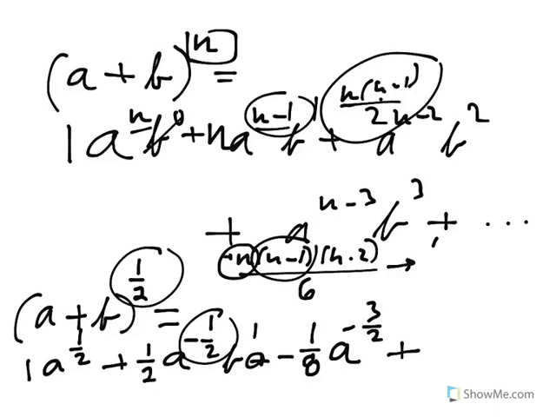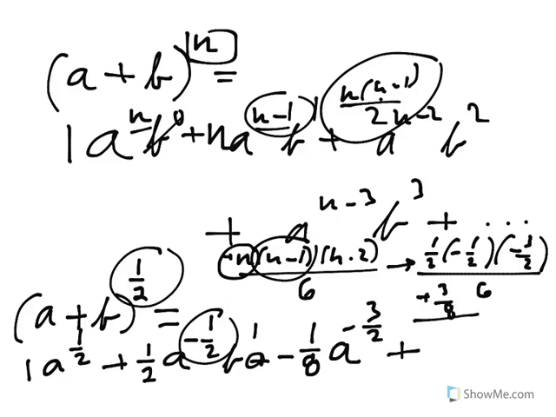Actually, I'm going to do this on the side. n minus 2 is negative 3 over 2, and that whole thing's over 6. That would turn into negative 3/8, positive 3/8 over 6, which is 3 over 48, which is 1 over 16.